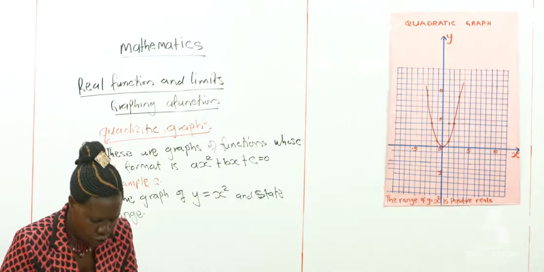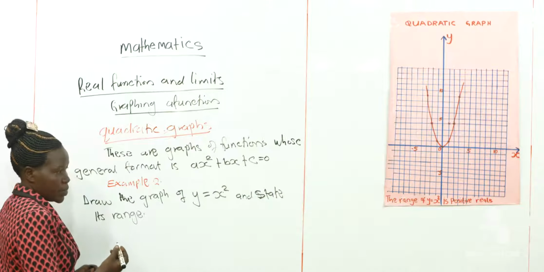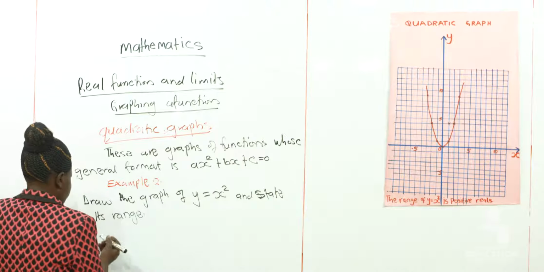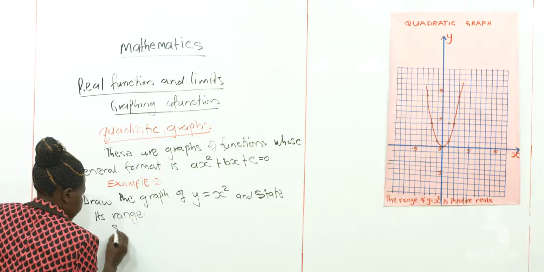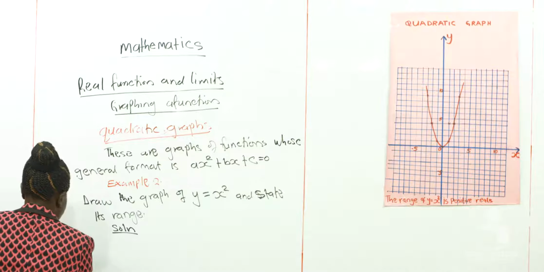Your first step is to draw the table of values. Your solution: you draw a table of values.